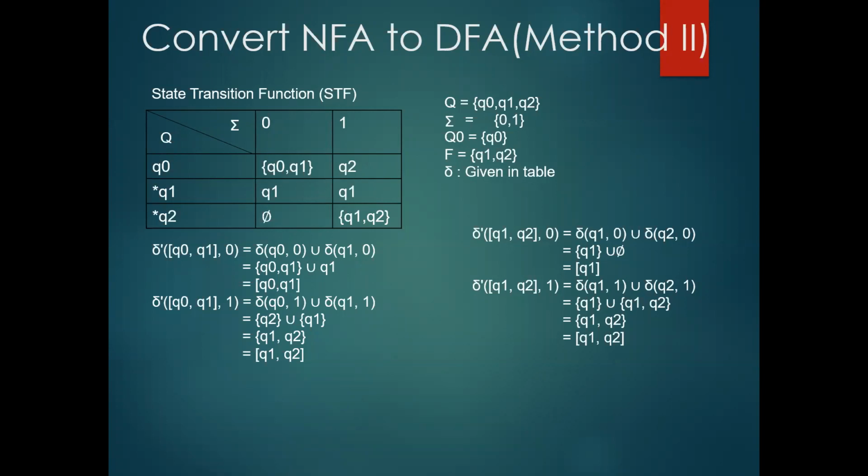Now in this case we didn't have any new state. But just assume that after giving 0 as input to Q0, Q1, you get Q0, Q1, Q2. This Q0, Q1, Q2 is not a state in the state transition function of the NFA, so it is a newly found state.